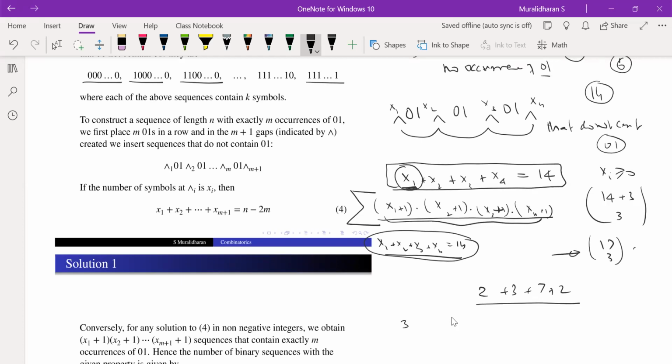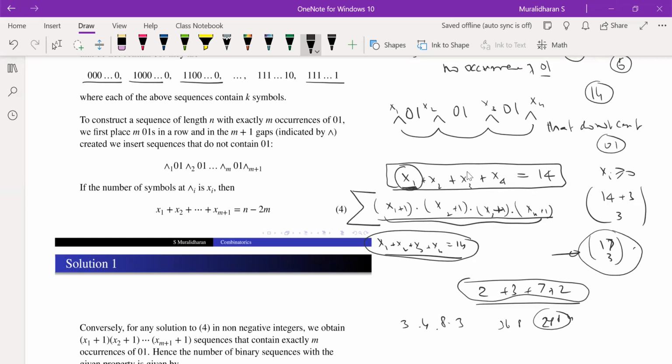I will have 3 into 4 into 8 into 3. 9, 36 into 8, so I can get 288 sequences for just one solution. So how many solutions are there? 17 C 3 solutions are there.